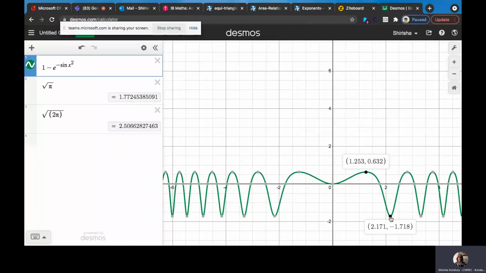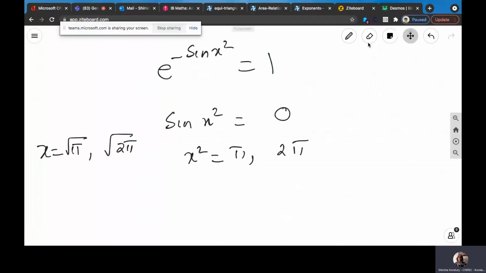It becomes least means it becomes 0, or it will become least when sine of x square, the maximum it can take is +1 or -1. So I'm looking at this possibility if I don't have the calculator: 1 minus e raised to minus sine of x square, when will this become maximum or minimum?